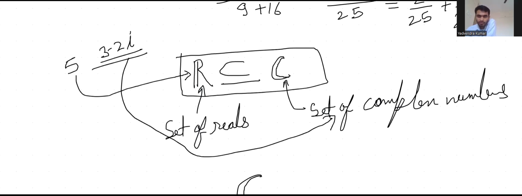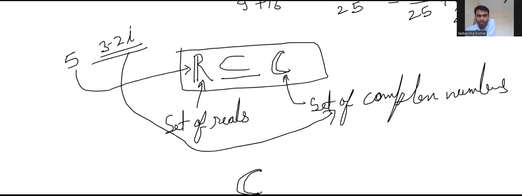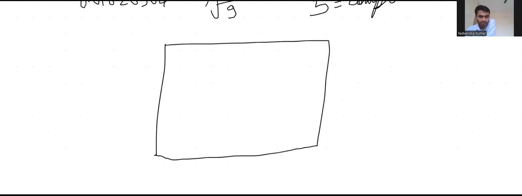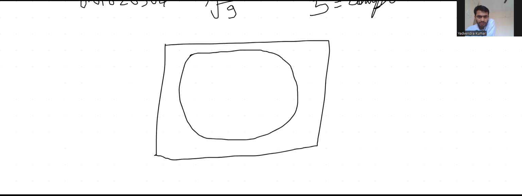So if you try to draw a rough diagram for complex numbers: if this is the complex number set, then inside it somewhere are the real numbers. This is the complex number set. This is the real number set.